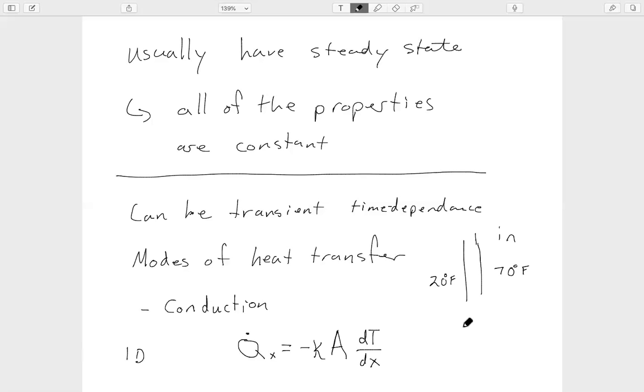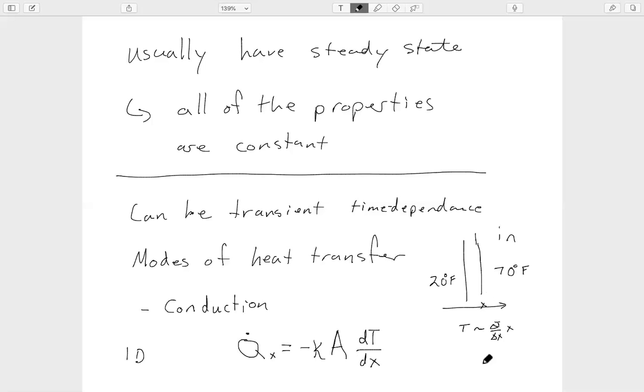So assume that the temperature in the middle has some sort of slope, delta T over delta x, where x is the perpendicular direction. That's a constant slope times x.